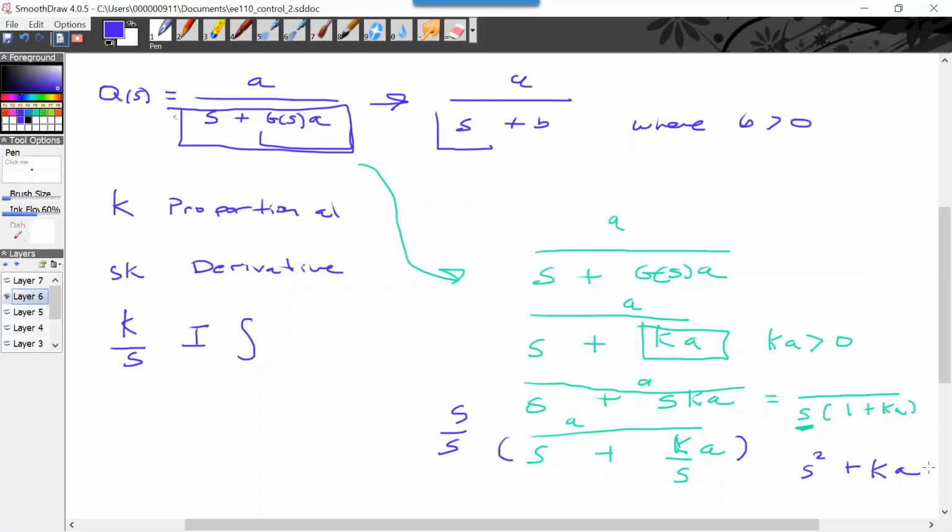Well, now there's no linear term, right? There's no S term. So no matter what I do, I'm going to either have a pair of complex poles which oscillate, or I'm going to have at least one pole on the right-hand side, and I'm going to get an exponentially increasing value.